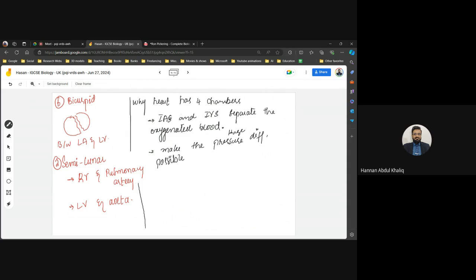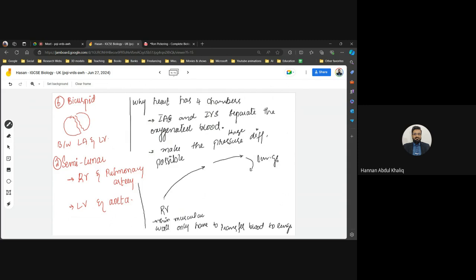When you talk about the right ventricle, it has thin muscular walls. It only has to transfer blood to the lungs, so the pressure would be lesser.